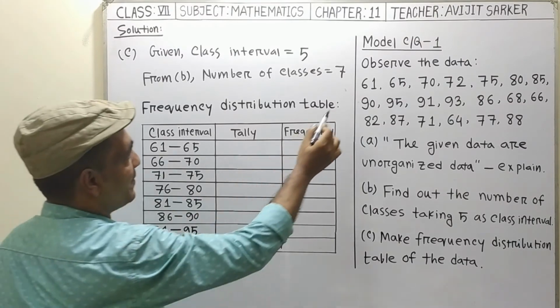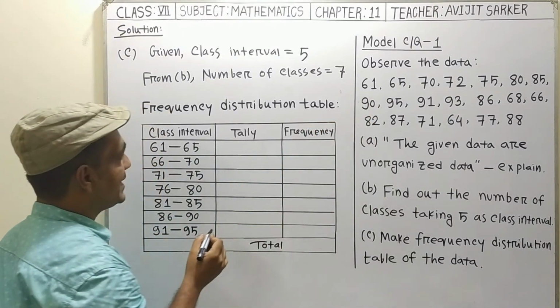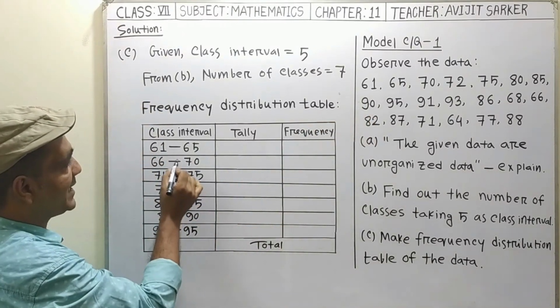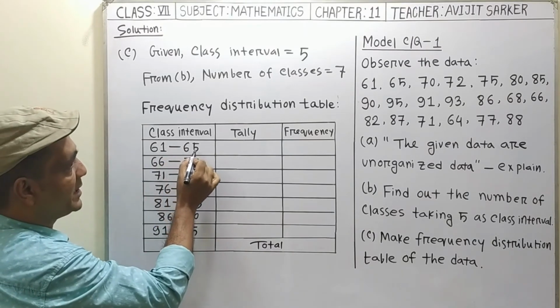Now consider the first number. What is the first number? 61. It is placed in the range 61 to 65.